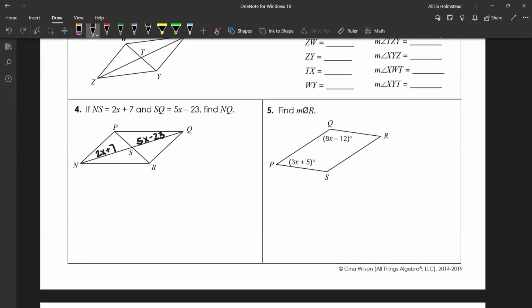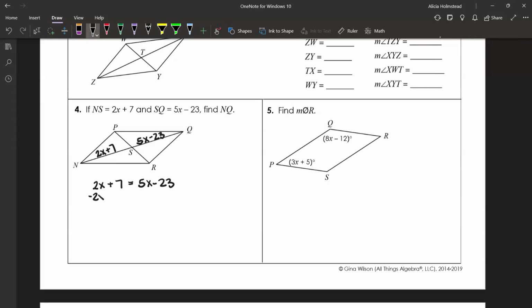Well, previously we learned that S is going to be the midpoint of this line, meaning that NS is going to be the same length as SQ. And when two things are the same length, to solve for x, we can just set them equal to each other. So we're going to do 2x plus 7 equals 5x minus 23. And then we'll go ahead and solve that.